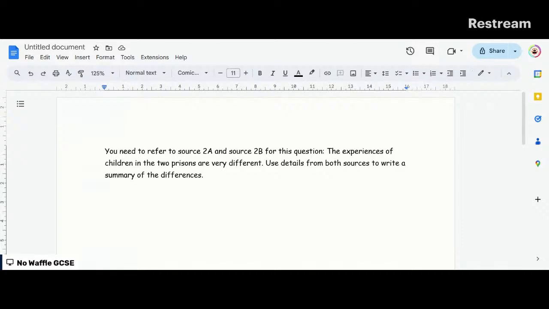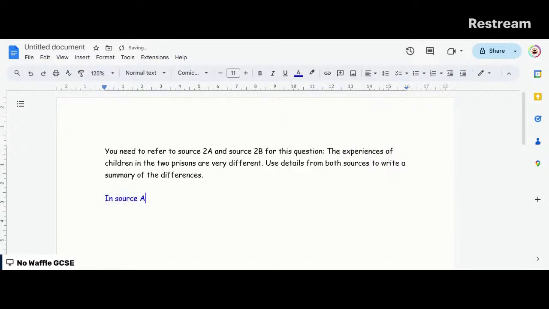So we can start by saying in source A, which remember is a 21st century text, in source A, and then I'll write in blue. Remember, writing a summary of differences.